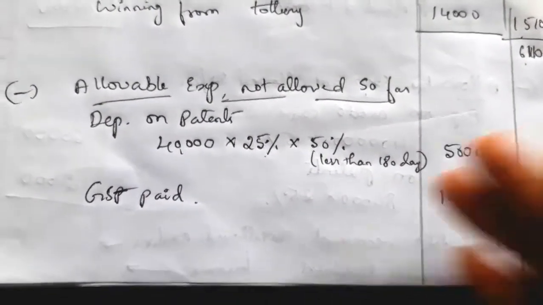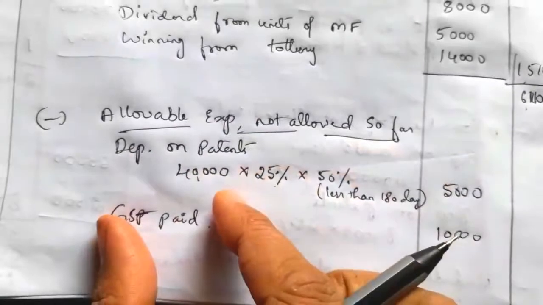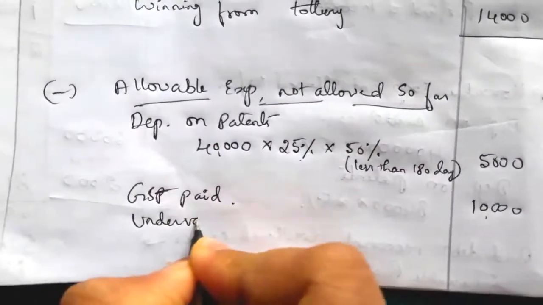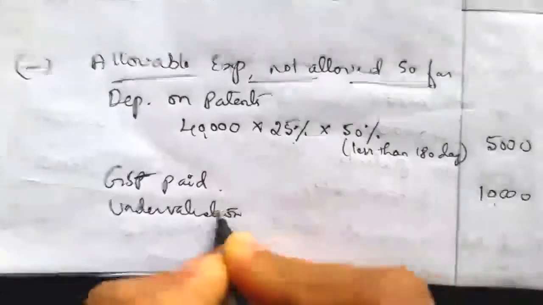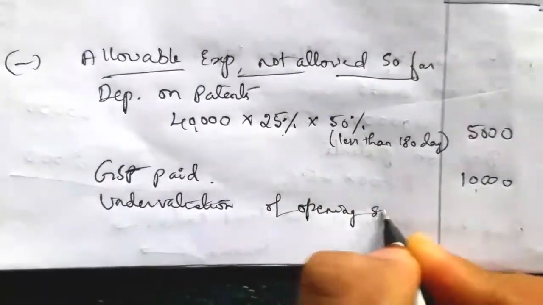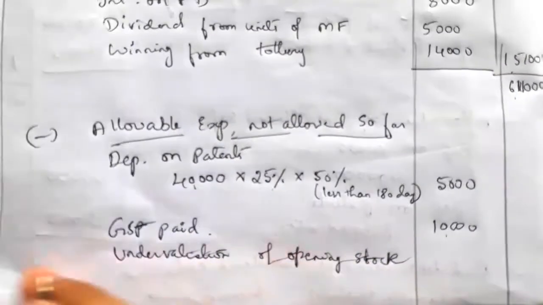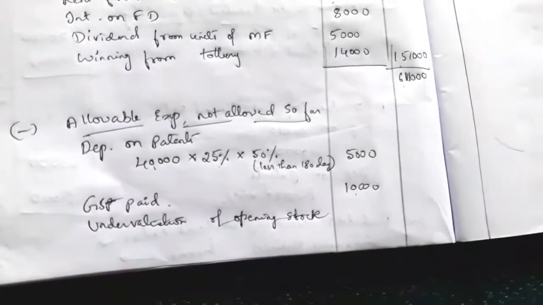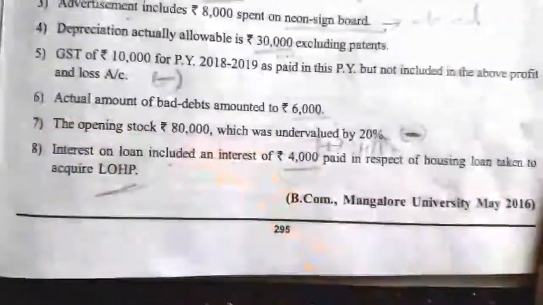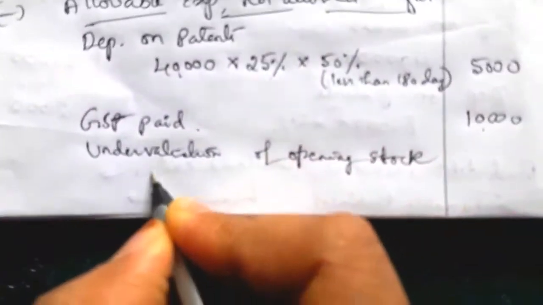So we have to record 100%, which means the allowable expense is not recorded. So write undervaluation of opening stock. It is an allowable expense not recorded. So undervaluation of opening stock. What is the value of opening stock? The opening stock value is 80,000.